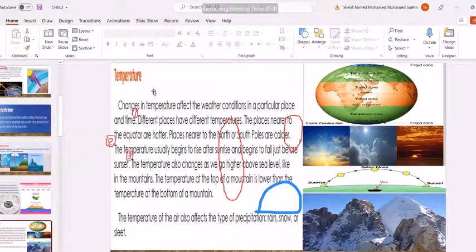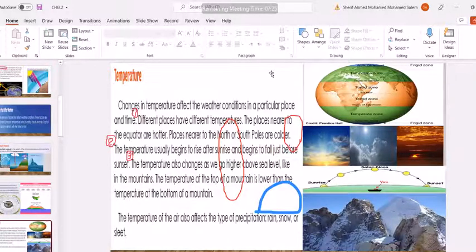Another factor which affects the atmosphere is the temperature. We studied it from grade 1: how hot or cold something is. Does the temperature change? Yeah, always.